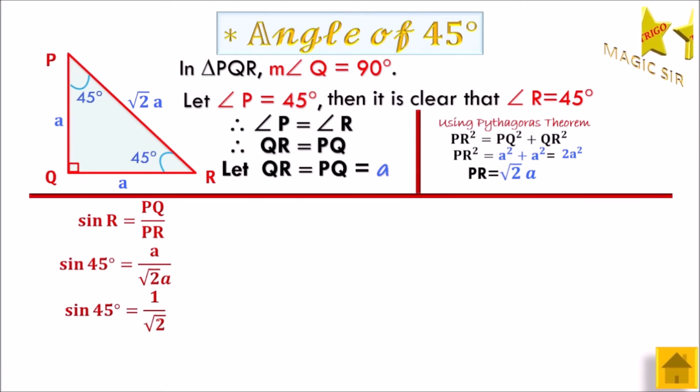We know that sin theta is the reciprocal of cosec theta and cosec theta is the reciprocal of sin theta. So cosec 45 degree is the reciprocal of sin 45 degree.